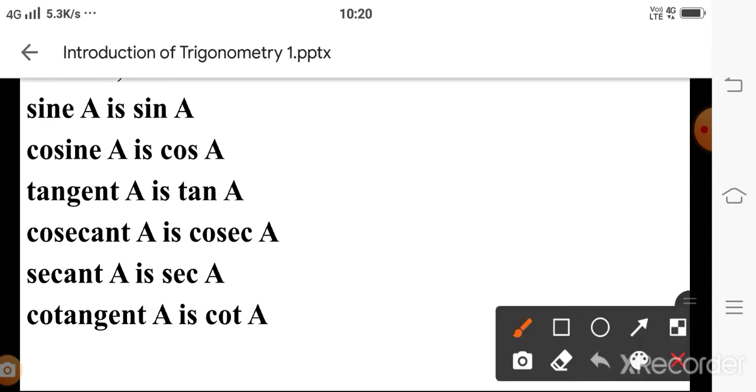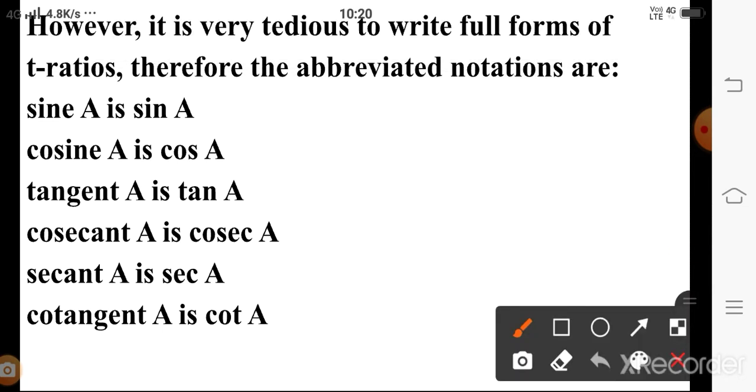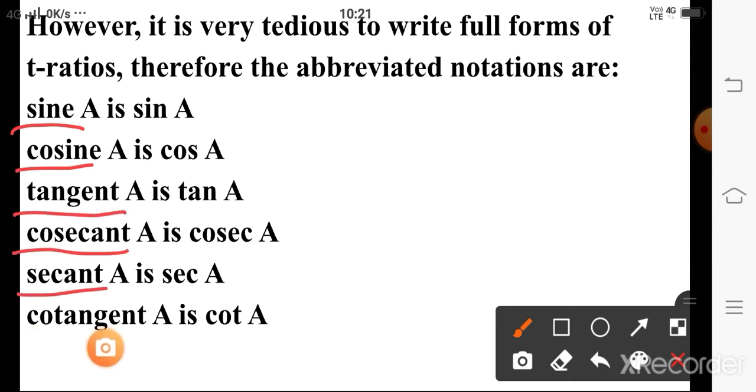Then we get six trigonometric ratios, and the first one is sine, cosine, tangent, cosecant, secant, cotangent.